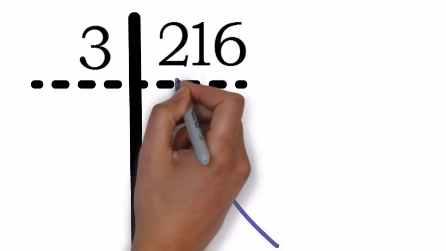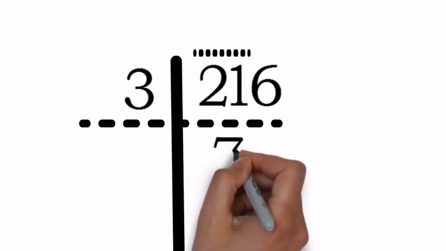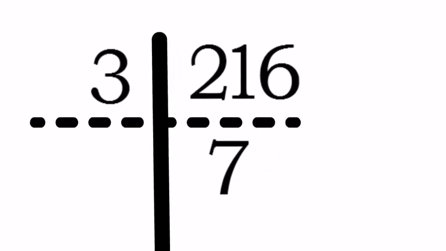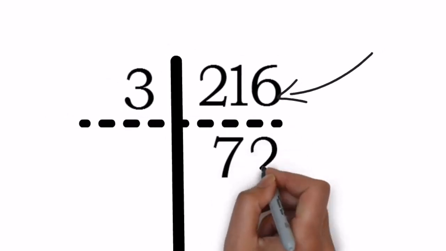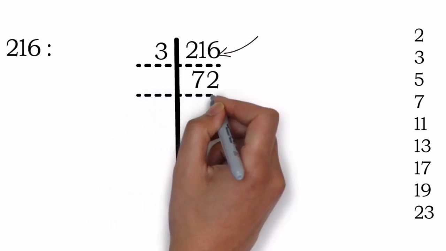The first number is 2, which cannot be divided by 3, correct? So take the second digit also, but only for the first time. That makes it 21. When you divide 21 by 3, you get 7. The next digit is 6, and when you divide 6 by 3, you get 2, so that makes 72 as our next number.